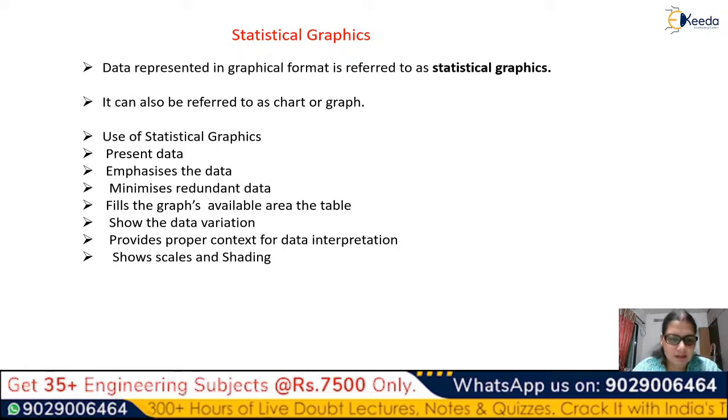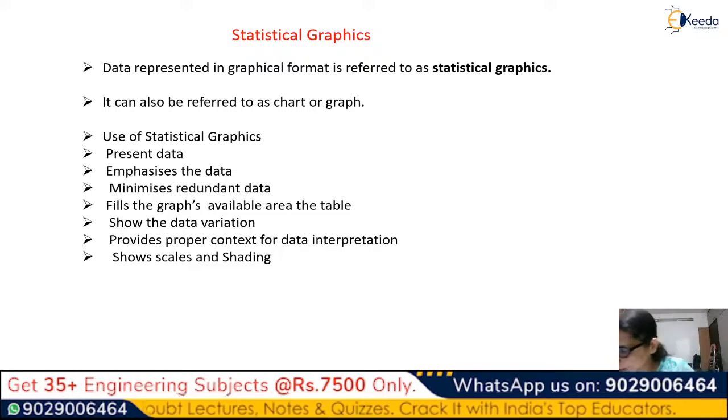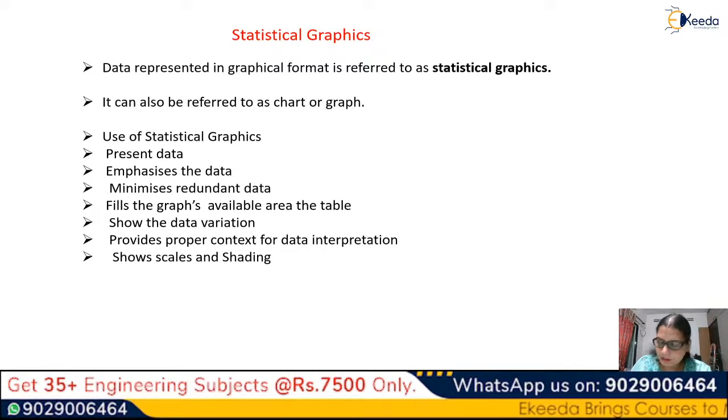Then the statistical graph. As discussed about the statistical graph, we saw how it can provide information. The statistical graph is data represented in a graphical format.